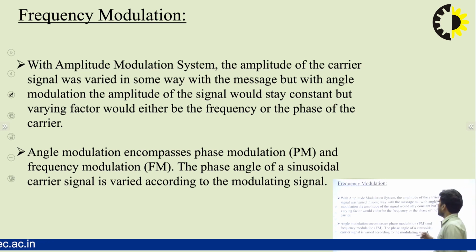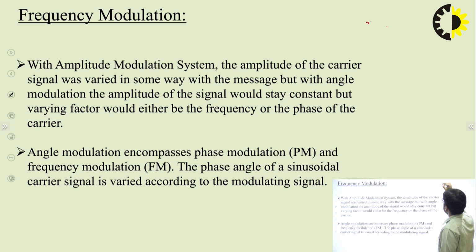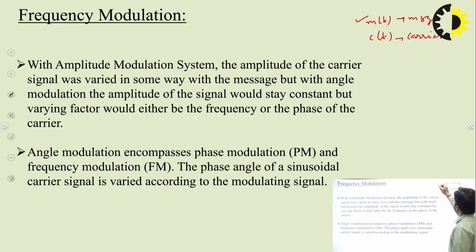So we have two kinds of signals. The first one is the message signal, represented by a_m(t), and the second signal is the carrier signal, that is c(t). a_m(t) is the message signal here, and c(t) is the carrier signal. a_m(t) is a low frequency signal, and c(t) is a very high frequency signal we have for the modulation process.